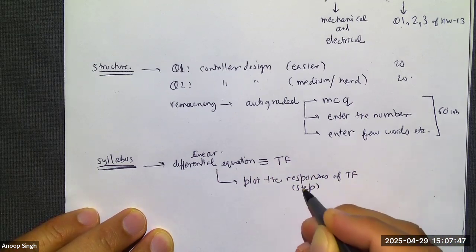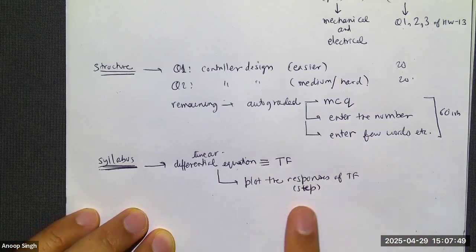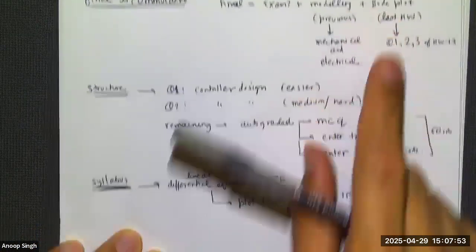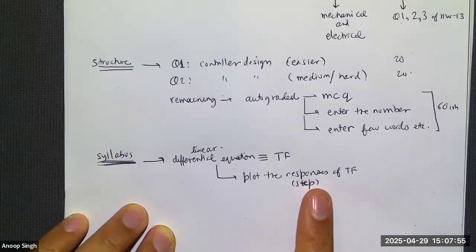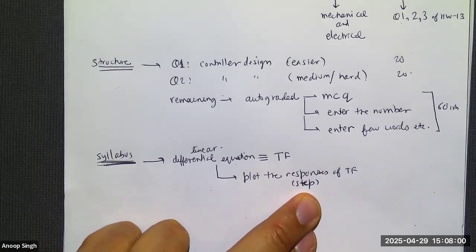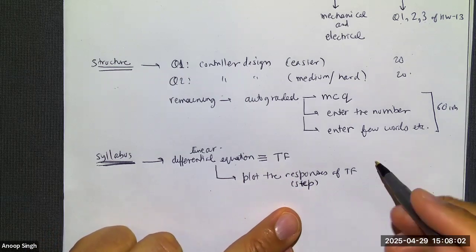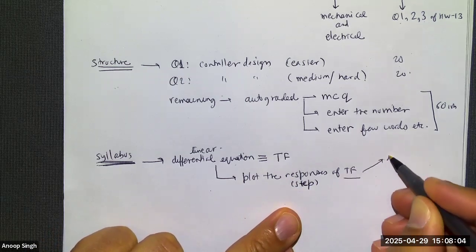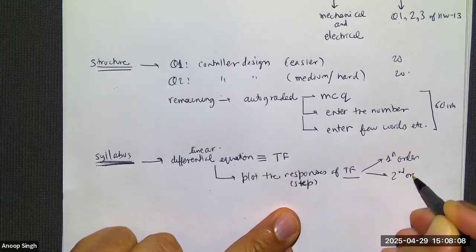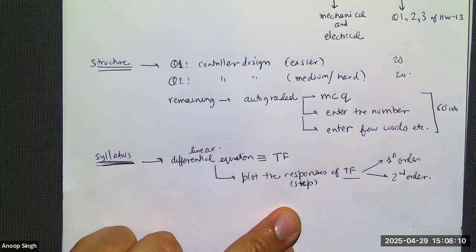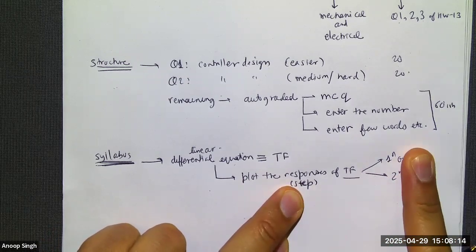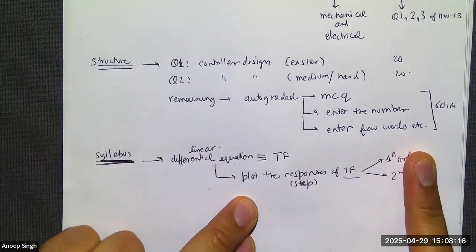Specifically, we focused on step responses a lot. We talked about ramp response, sinusoidal response, which became the Bode plot. We talked about the impulse response, all of those, but we focused the most on the step responses of the transfer function. And specifically, we talked about the first order systems. We have talked about the second order systems. These are the most important transfer functions, and the step responses are the most important because controller design is built on that.